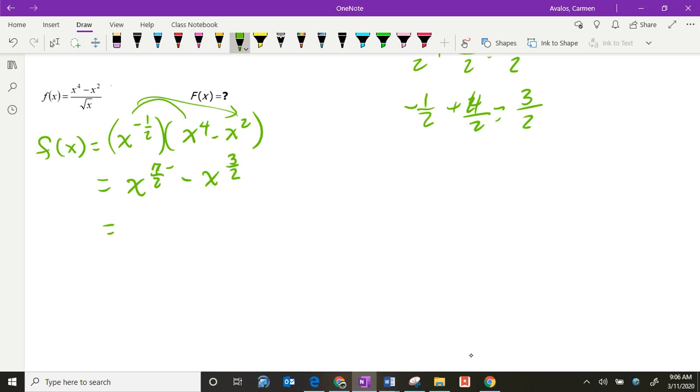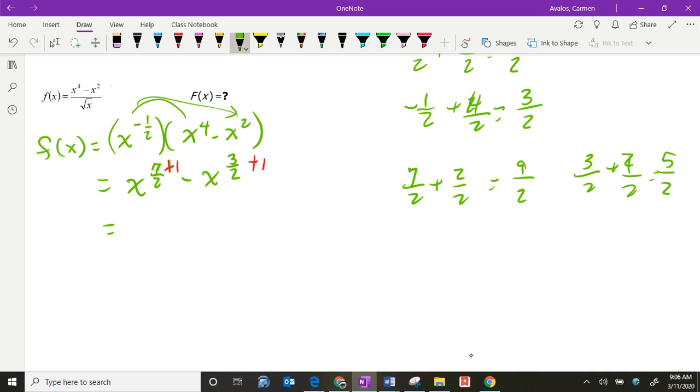So I am going to add 1 here and add 1 there. And so what we get is going to be 7/2 plus 2/2, which is 9 halves, and 3/2 plus 1, which is also going to be 2/2, and that is 5/2.